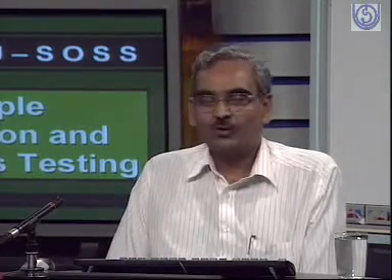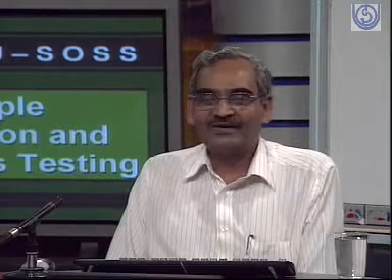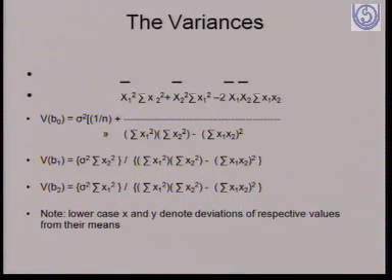We are also reporting the variances for b0, b1 and b2. Here the expressions are a mixture of capital X and lowercase x and y letters. Capital X's are straightforward ordinary variables as they have been provided to you, but lowercase letters represent deviations from the respective means.